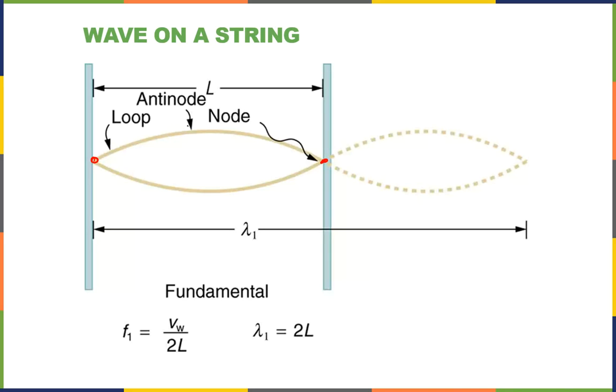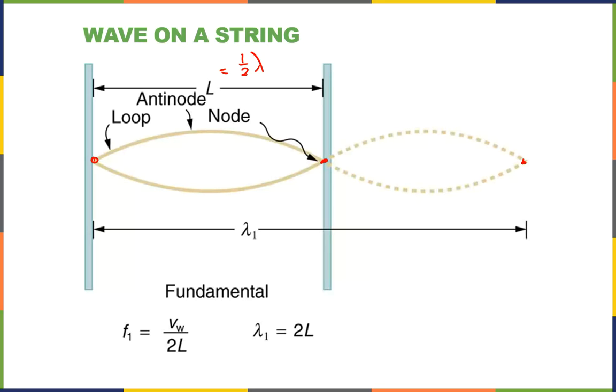Now, if you look at this wave, how much of a wave do I have between those two nodes? Half. So here I have the length is equal to 1/2 wavelength for the standing wave.